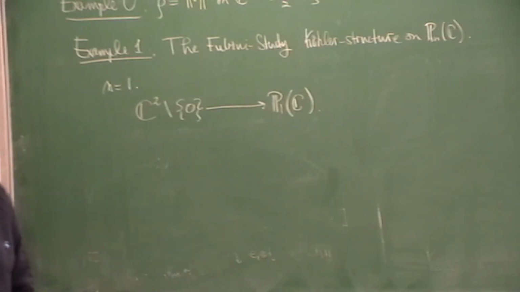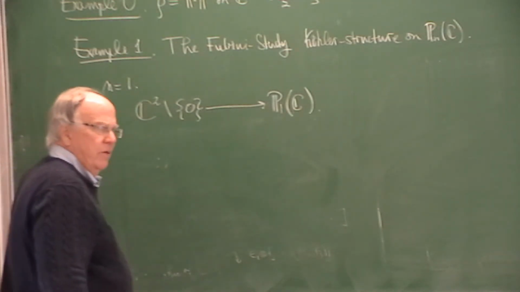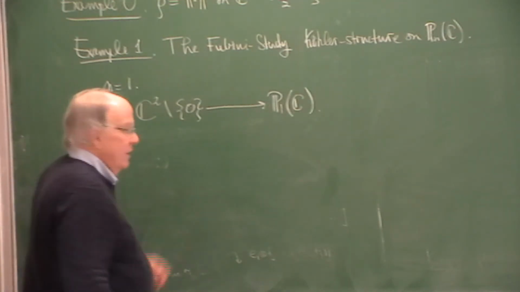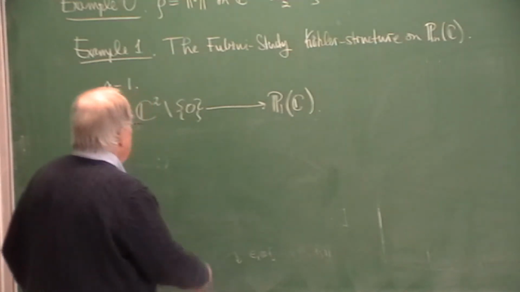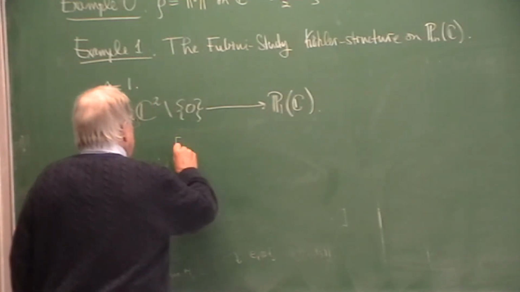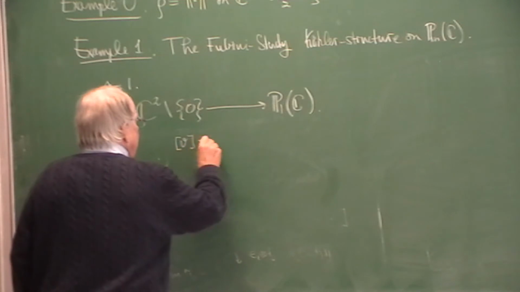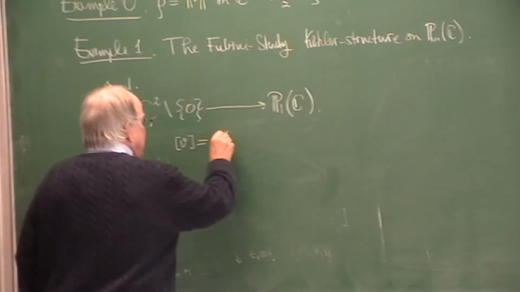Okay. Everybody here has seen this fibration, I hope. Is that okay? This usual fibration. So the equivalence class of a vector is C star times this vector.